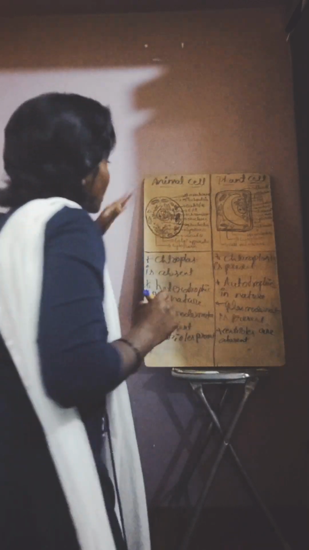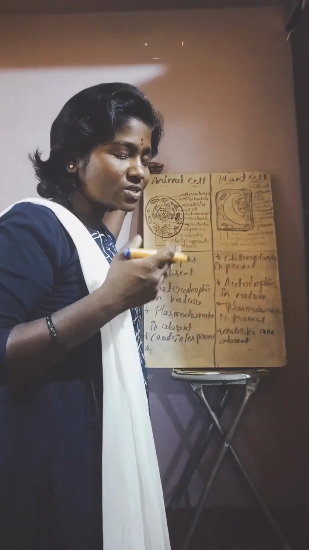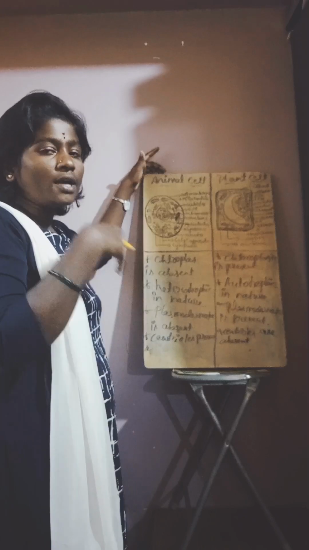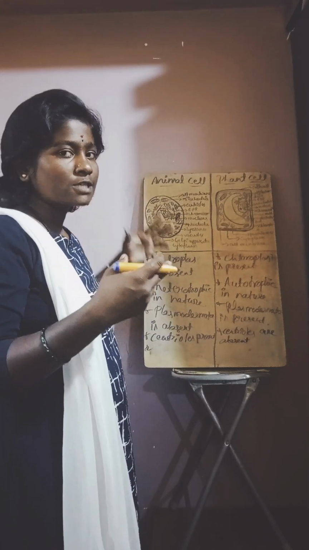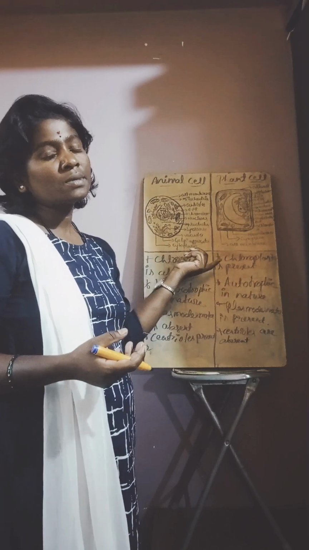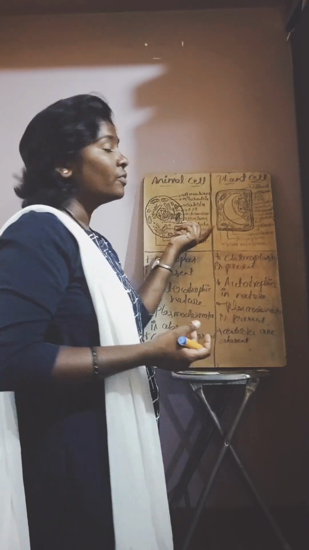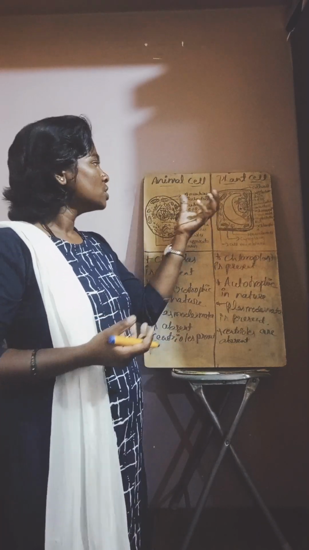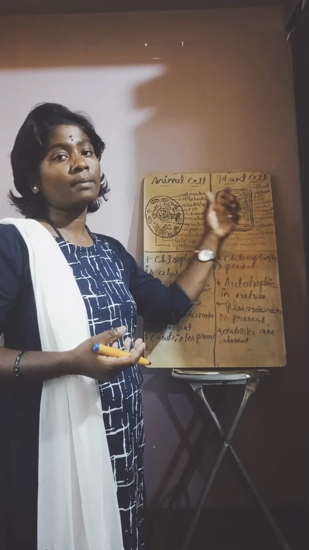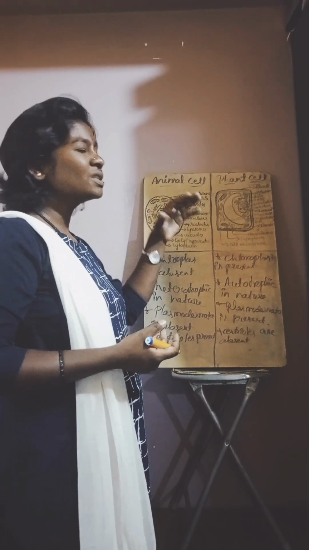And in case of animal cells we can't find the plastids. Plastids are the membrane bound cell organelles. In the last video I told about the plasmid present in the bacteria, that is prokaryotic cells. So plastid is the membrane bound cell organelle, but plasmid is the DNA.